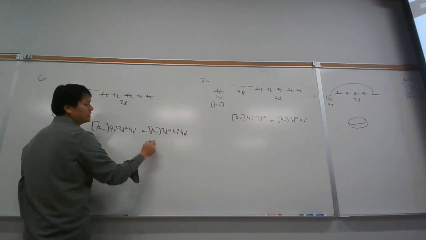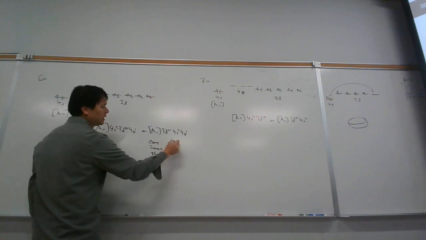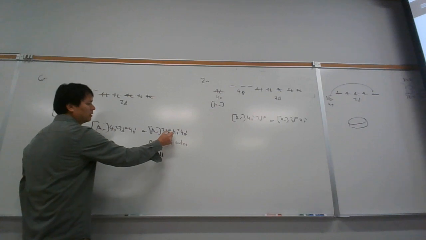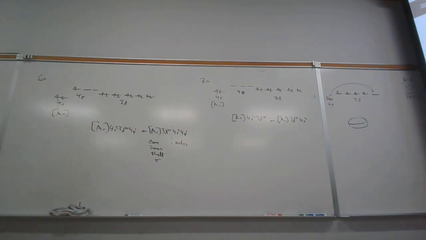These orbitals are 16 times bigger. So these are what we call the core or the inner shell electrons, and this will be the outer. And so what do you think the common charge for gallium is?